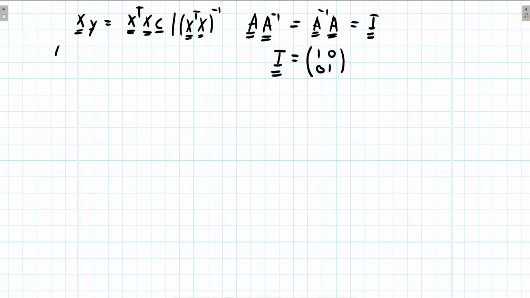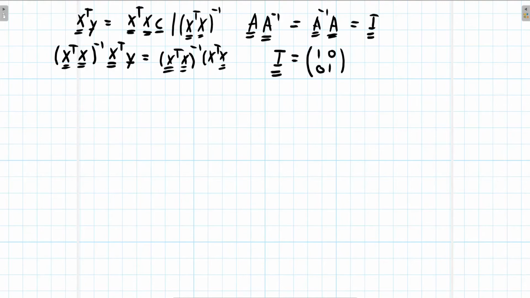So if we do that, we end up with x transpose x to the minus 1 times x transpose, I think there's a transpose here, times y is equal to x transpose x to the minus 1 times x transpose x times c. There are a lot of transposes in there. And this product here is just the identity. And if you multiply the identity by c, then that's just going to be c.